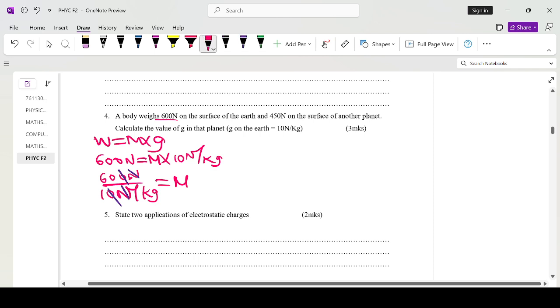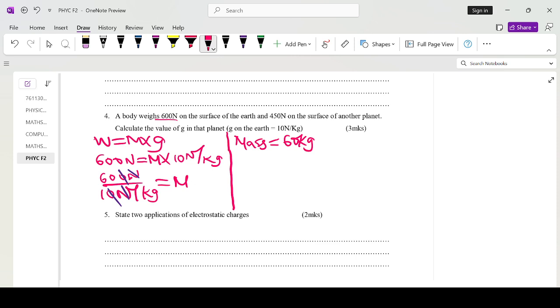So you're going to get your mass. The mass of that object is now 60 kg. Dear learner, remember that mass is always constant everywhere. The mass you have on Earth is the same mass wherever you go, but weight may change due to changes in the force of gravity.